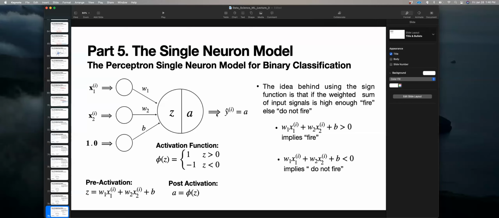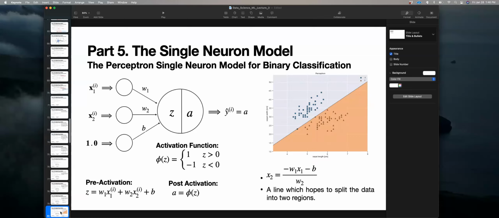So that's the idea. In relation to the flowers, it's going to be the sepal length and sepal width. If this weighted sum is great enough, plus some bias, then we're going to say it's setosa, for example. And if it's not high enough, then we'll say it's versicolor. Okay. Now, if you're curious as to why the bias is there, we'll get there in a moment.